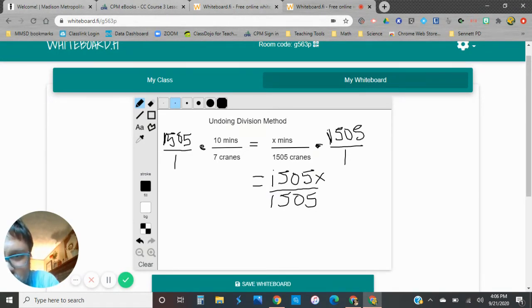On the left side, for the numerators, we have 1,505 times 10. So just add a 0 to the end of that number. It looks like 15,050 in this case. And 1 times 7 is 7. So for the denominator, we have 7.